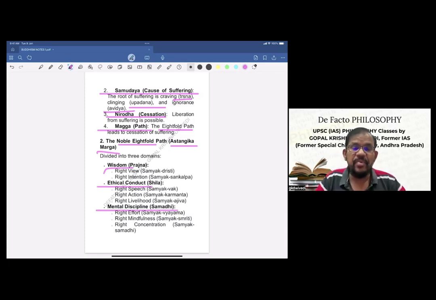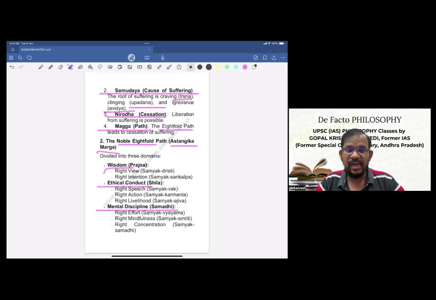Wisdom means prajna. What is prajna? Right view, that is samyak drishti. Right intention, that is samyak sankalp. Then ethical conduct, that is shila. What are they? Right speech, samyak vak. Right action, samyak karmant. Right livelihood, samyak ajiva. Then we come to mental discipline, the third domain, that is samadhi.